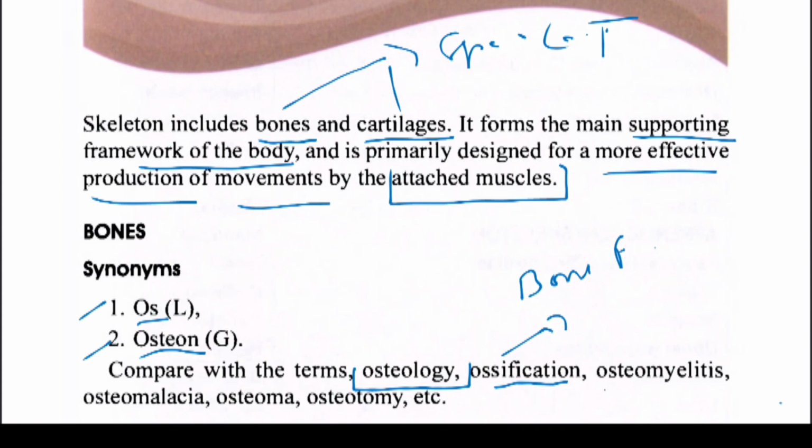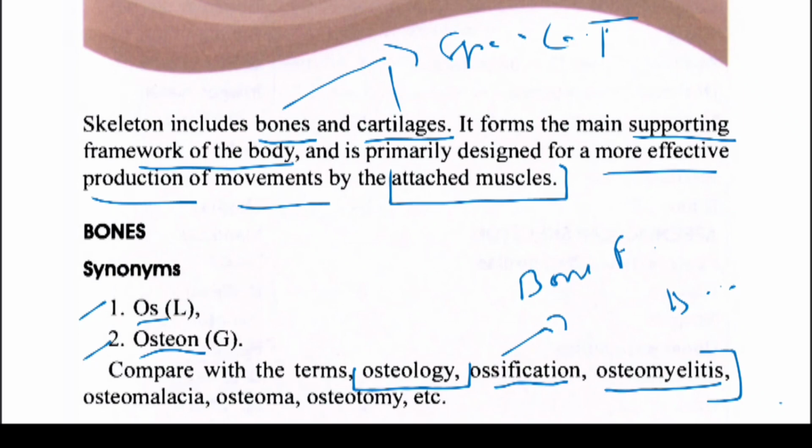Then if we talk about osteomyelitis, as you know, when there is a term itis, it is used for inflammation. So basically it is the inflammation of the bone due to the bacterial infection. Okay, any bacteria or inoculum is affecting the bone, that is called osteomyelitis.